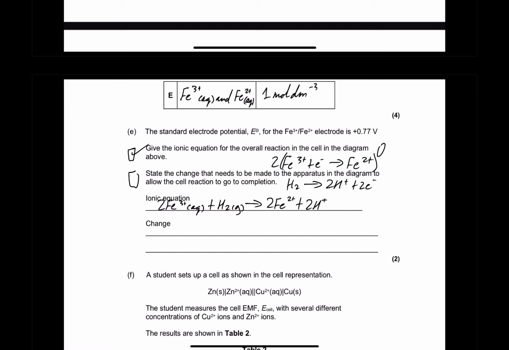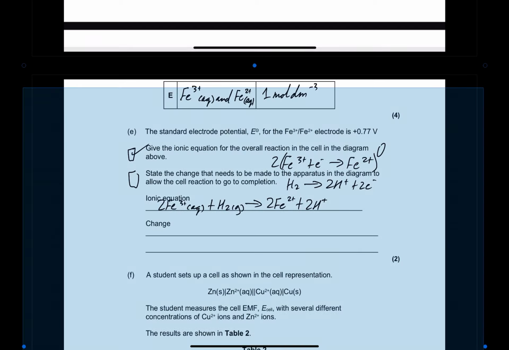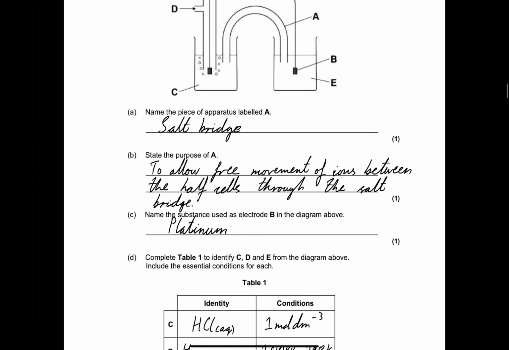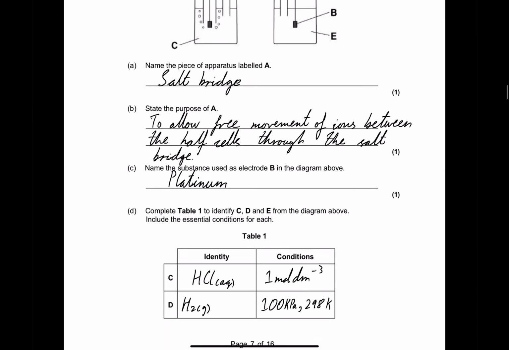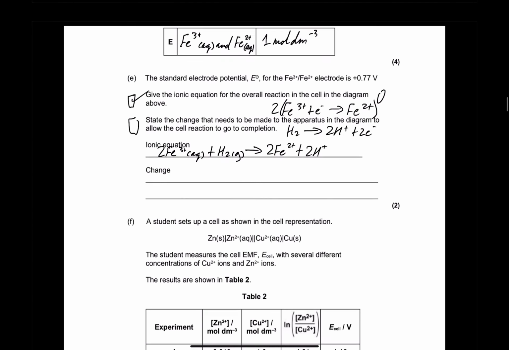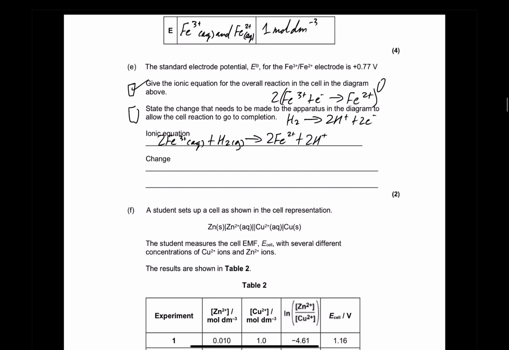State the change that needs to be made to the apparatus in the diagram to allow the cell reaction to go to completion. We need an appliance in order to use those electrons, and that would allow the continuous reaction to occur until completion. So we can exchange the voltmeter for some sort of appliance, like a bulb, or lamp, I should say.